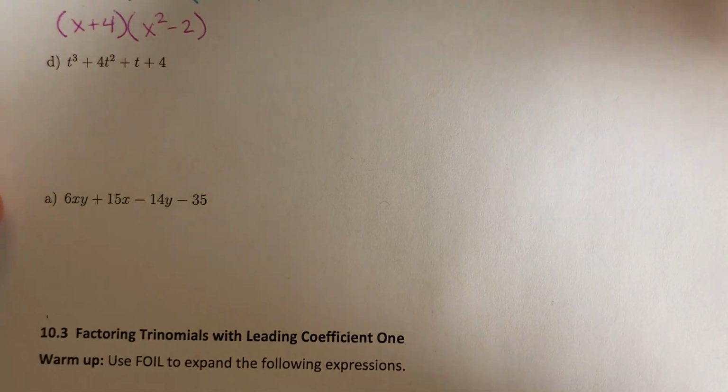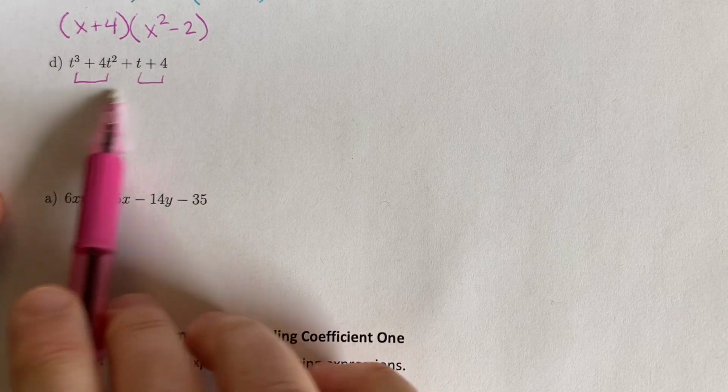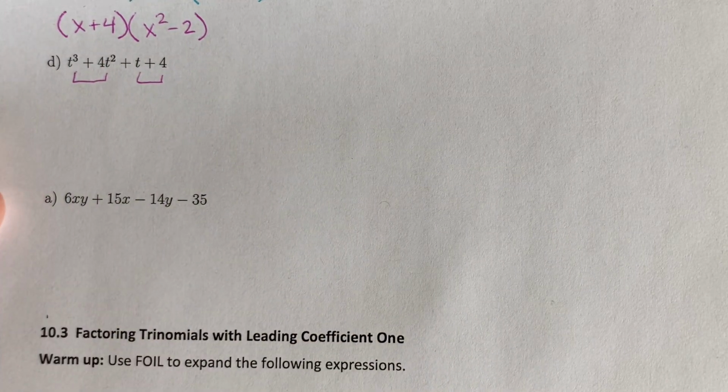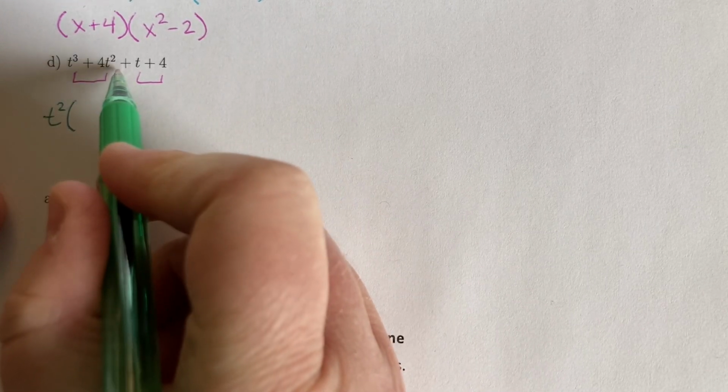All right, next problem. 4 terms, we're going to go 2 by 2. We could check to see if there's anything they all have in common, but there's not. So let's just do the first 2. They both have t squared. So I'm dividing by t squared, and what's left is t plus 4.